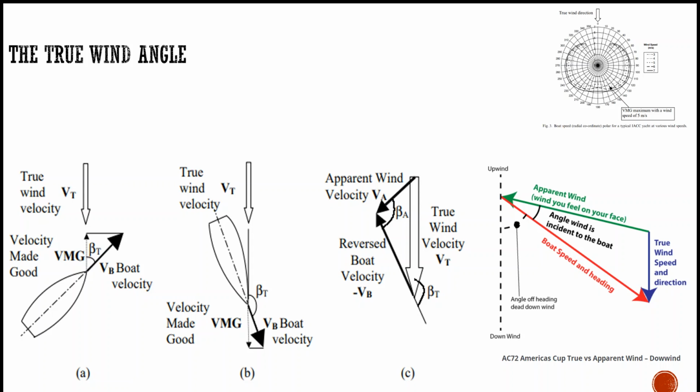Now knowing that the true wind angle is the angle in the horizontal plane between the boat's center line and the true wind velocity vector measured from the bow, what can we conclude until now? So technically, if a yacht sailed directly downwind at a true wind angle of about 180 degrees, then the apparent wind speed experienced by the sails is only the difference between the true wind speed and the boat's speed.